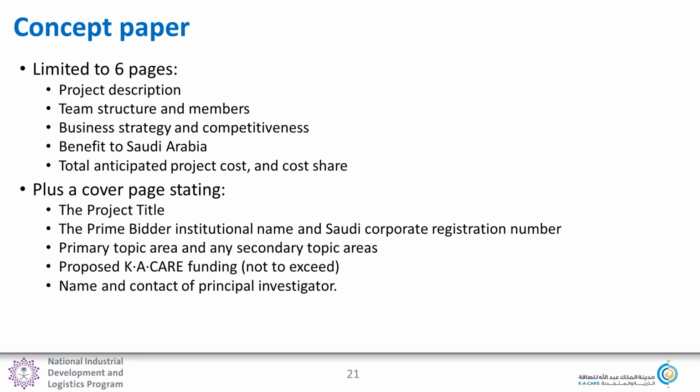So if you told us that your project cost share was 10 million riyals, your final proposal can't exceed 10 million riyals. That's what we're expecting. And so let me just caution you, you can't be disqualified for asking for more in the early stage. So make sure you put a number there that's going to be enough to execute your program.